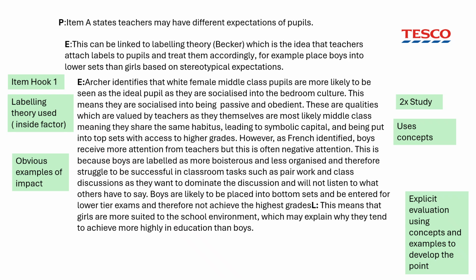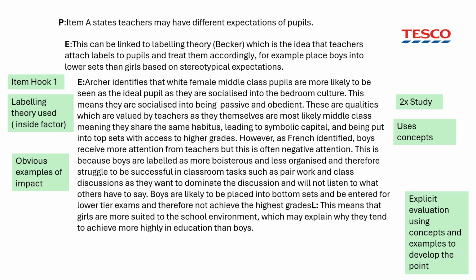This means they are socialised into being passive and obedient. These qualities, which are valued by teachers as they themselves are most likely middle class, meaning they share the same habitus, leads to symbolic capital and being put into top sets with access to higher grades.